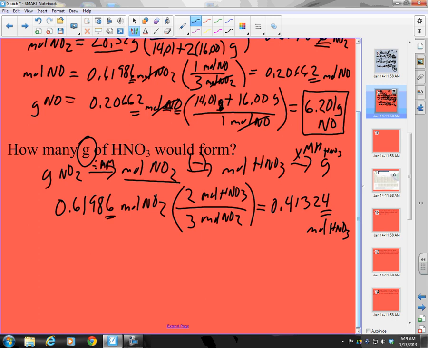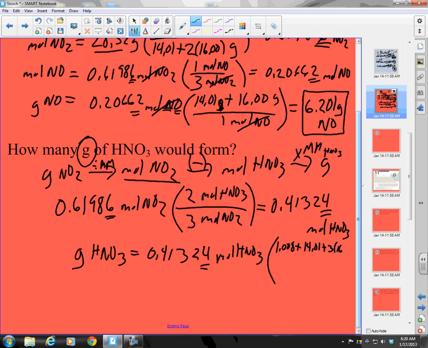And then I'm going to get grams. So my grams of nitric acid equal 0.41324 moles of nitric acid times, okay, H 1.008 plus N 14.01 plus 3 times 16.00 grams per 1 mole of HNO3, right?